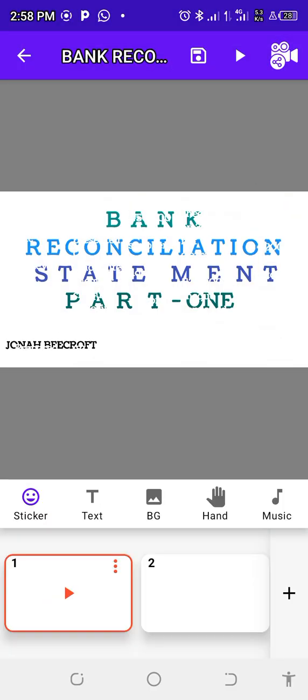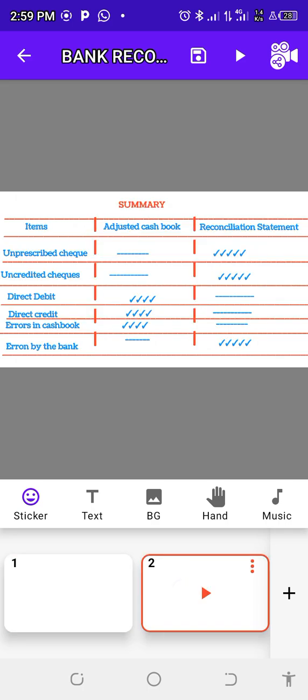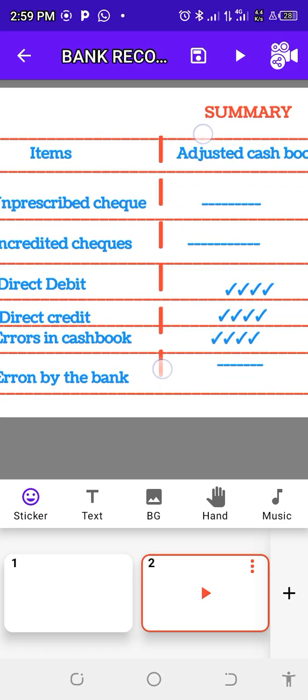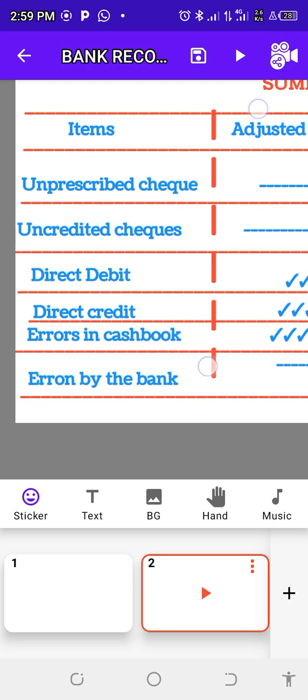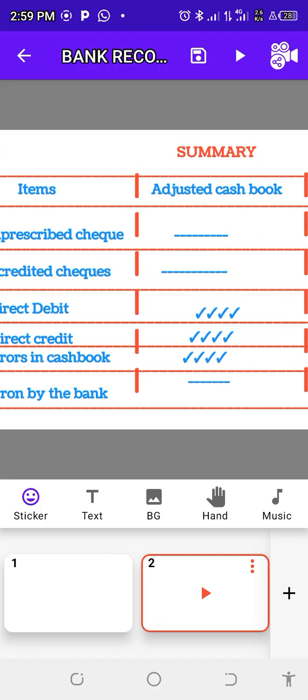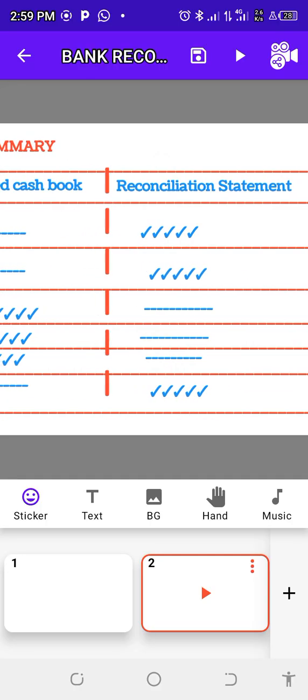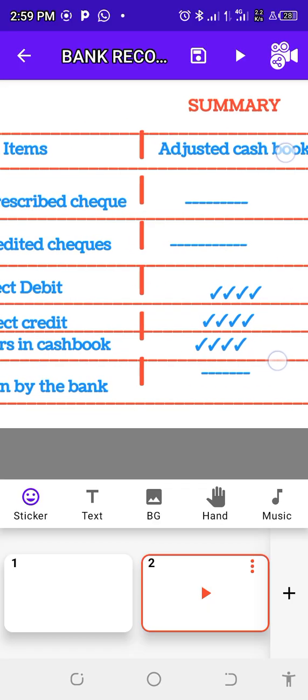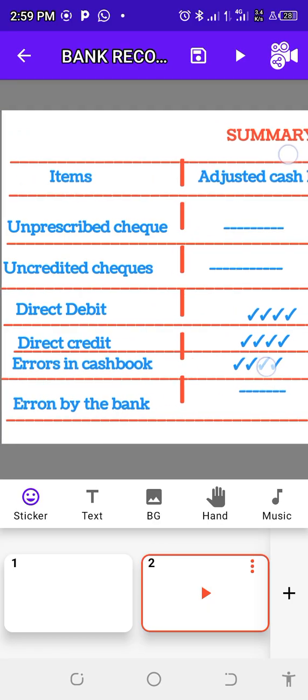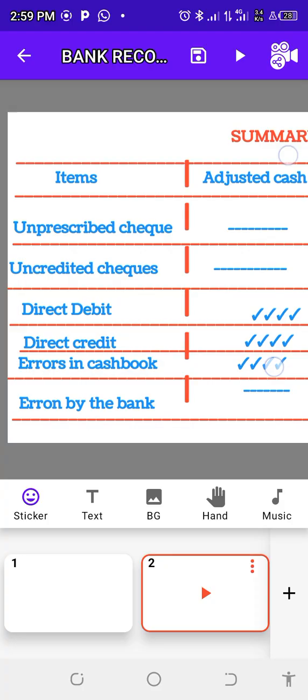Now, let us proceed. We are going to take a summary of what we have just done. The summary is that unpresented checks are treated under what? The reconciliation statement. Uncredited checks are also treated under the reconciliation segment.